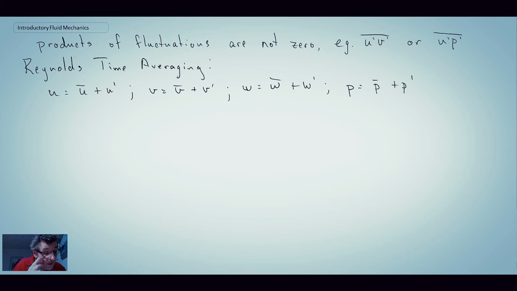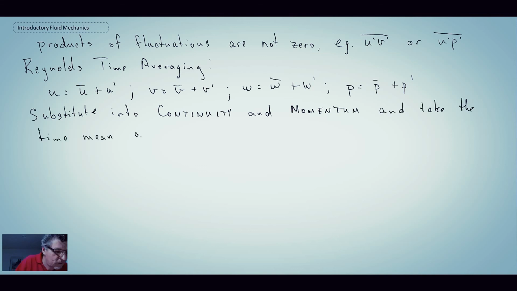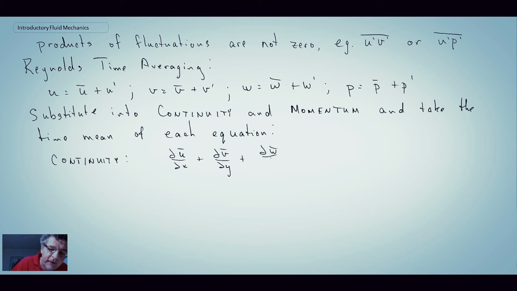And when you do that, and then you take the time mean of each equation, so when you do that for continuity, you end up with basically just the continuity equation, but now expressed in time average form. And so that's not really all that interesting. The momentum equation is a little more interesting.